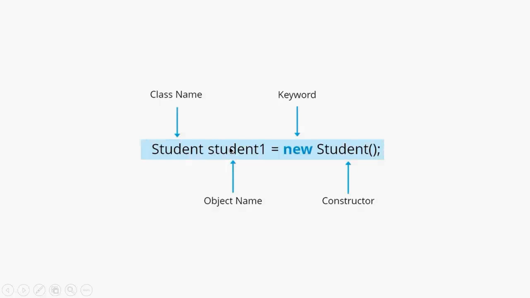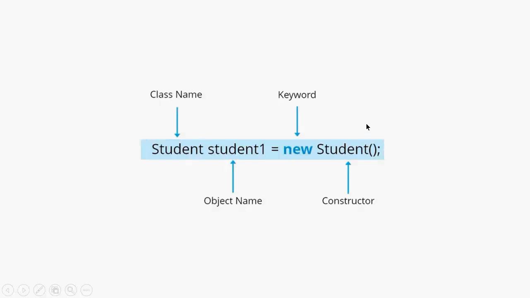This reference gets stored in the stack, and we create an object here. new Student() creates the object, and Student() is the constructor. A constructor is a function, so we are calling a function to create an object. This function has the same name as the class name. We create an object using the keyword new.